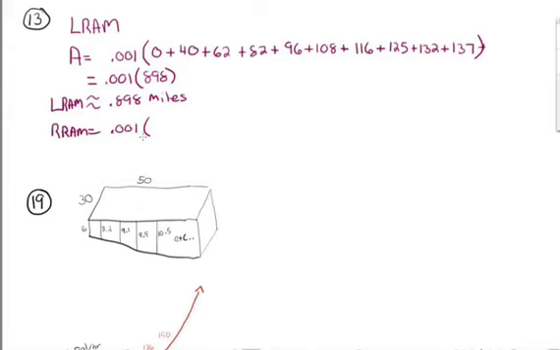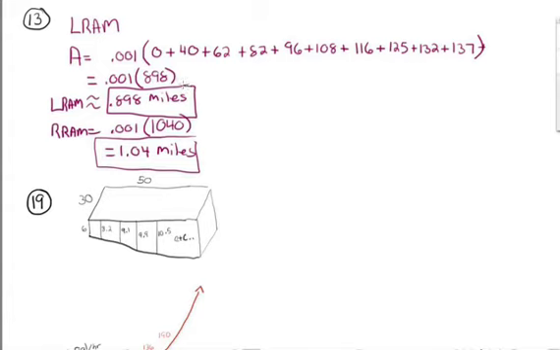Plus 142. So now my new total is 1,040 times, and I get 1.04 miles. So it seems pretty obvious the answer is about a mile. If I had more data, I could get more accurate. So there's your answer to part A.